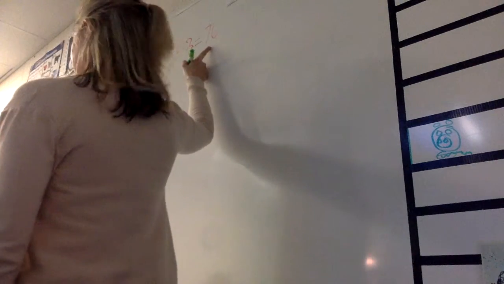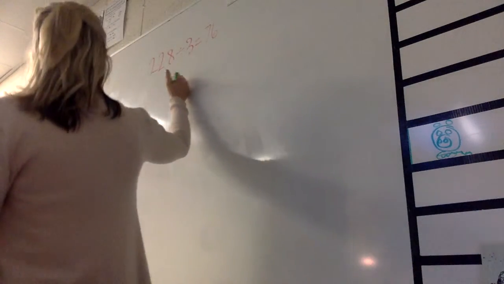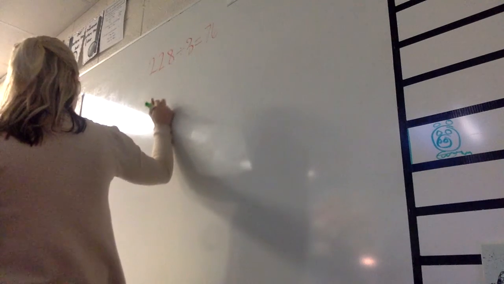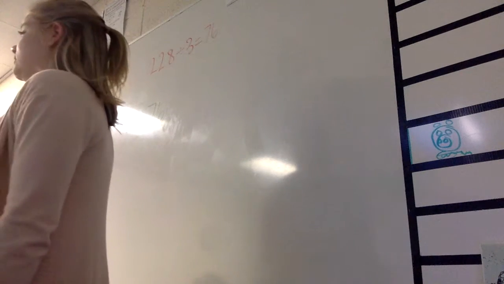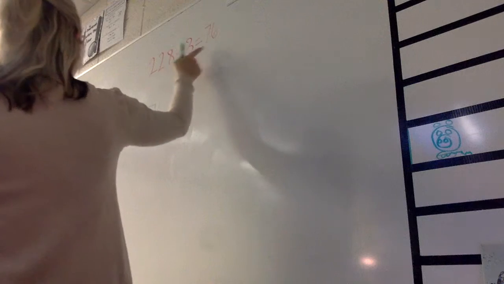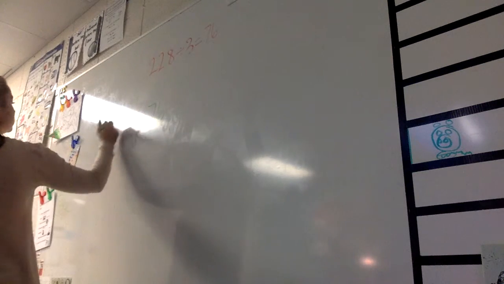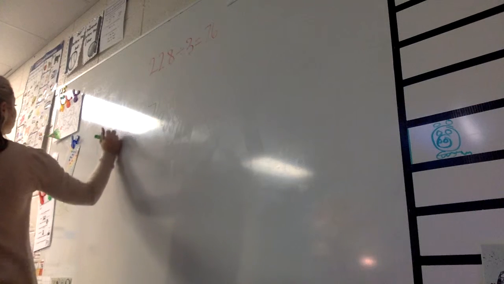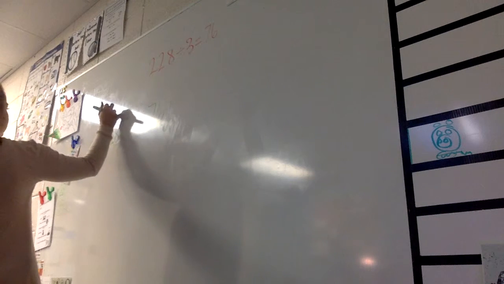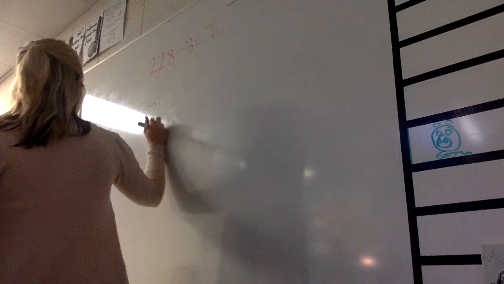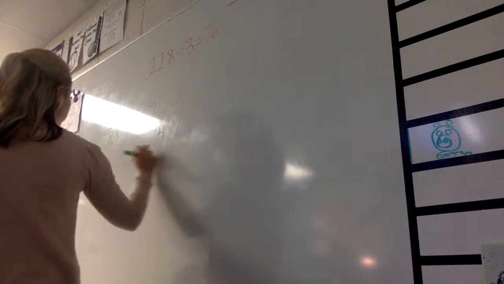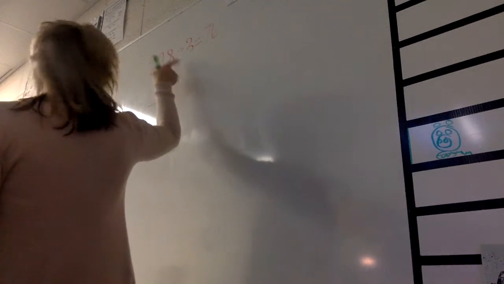What number is the quotient? 76 is the quotient. So I'm going to use 76 times the divisor. Which number is the divisor? 3 is the divisor. So I'm going to use 76 times 3 to see if this answer is correct.